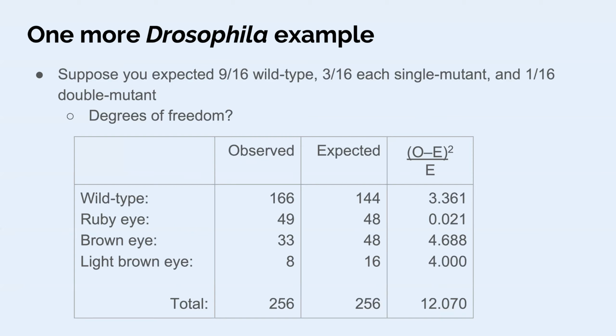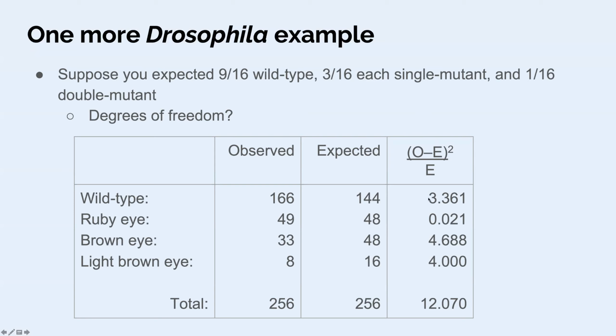So we took the same data, put them here, summarized by eye color, then our expectations are those fractions. 9/16 times the total number of flies that were counted, 256, gets us 144, and so on. 3/16 gets us 48, 1/16 gets us 16.